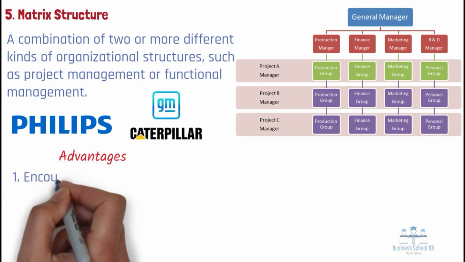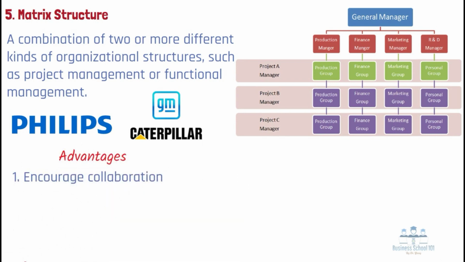Advantages. 1. Encourage collaboration. Perhaps the biggest advantage of a matrix structure is that it brings together highly skilled team members from different departments, allowing the organization to capitalize on the resources it already has, rather than seeking expertise in recruiting project team members from outside of the organization. 2. Increase efficiency.